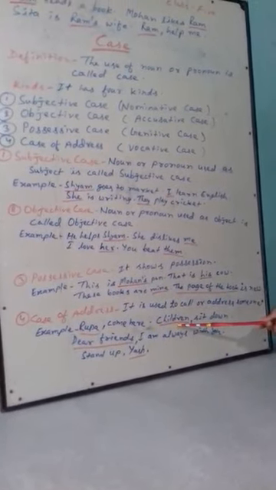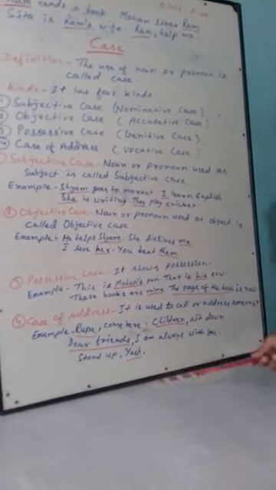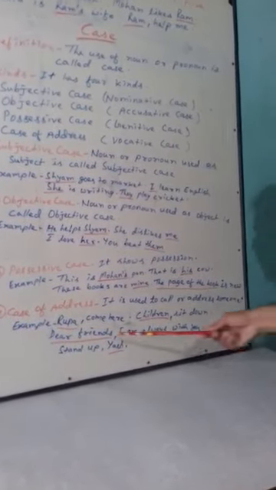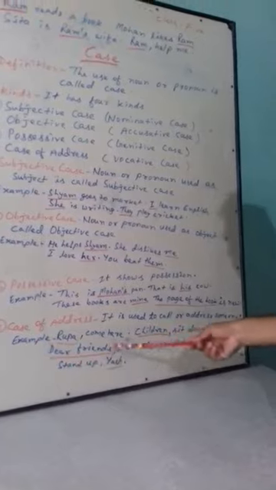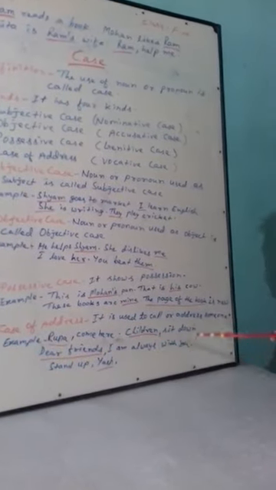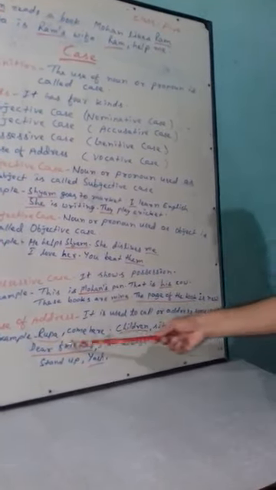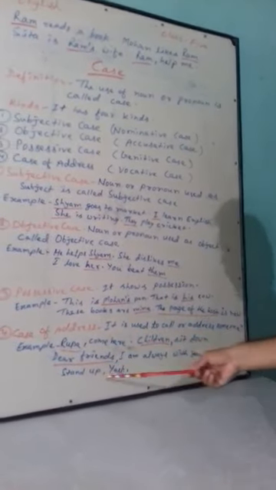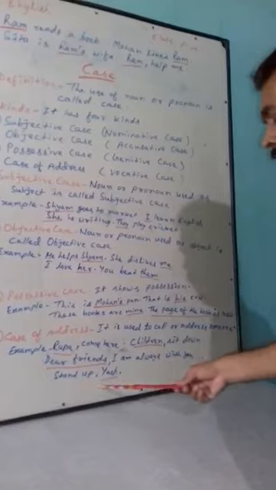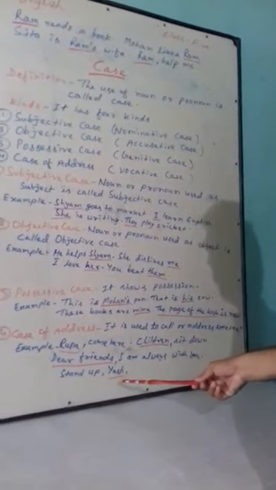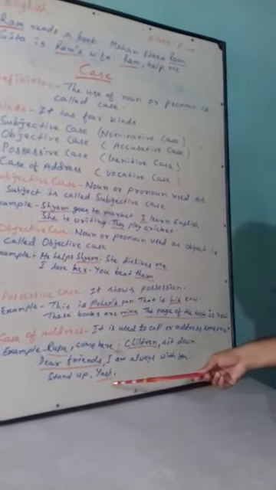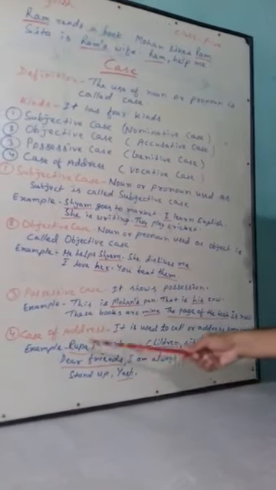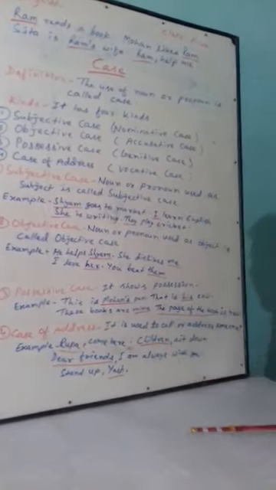Its case is case of address. Dear friends, I am always with you. Dear friends has been used to address. So it is in case of address. And stand up, yes. Here, yes has been used to call or address. So it is the case of address.